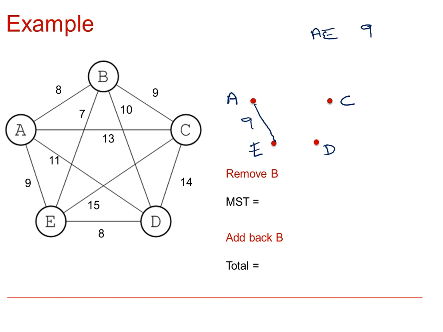Followed by, given that E is now connected, I can look at arcs coming out of A or E, and that will be ED at 8. And then I need to connect C, and the smallest arc connecting into C that I can use is AC at 13.